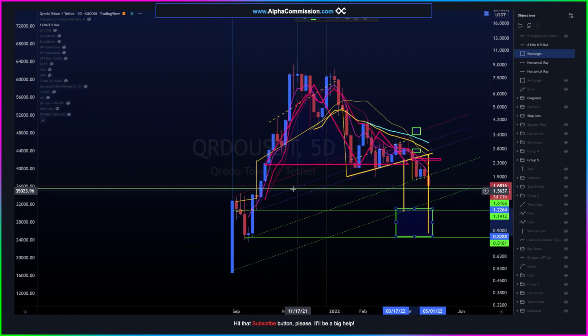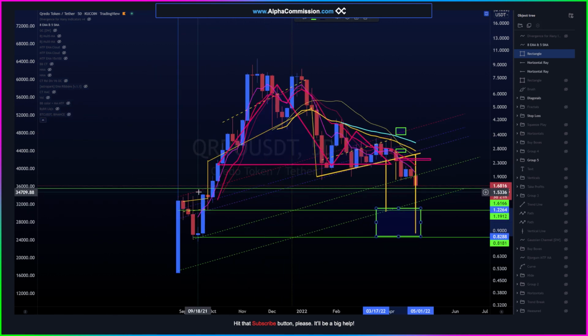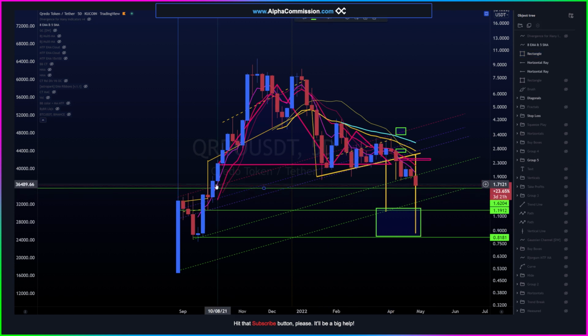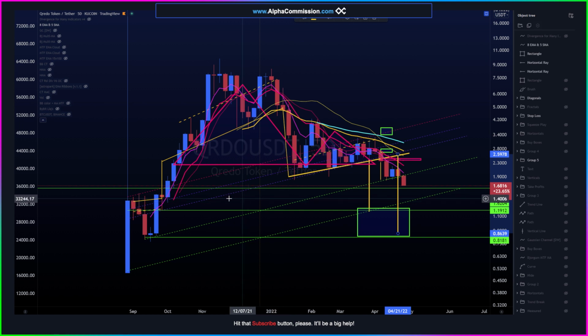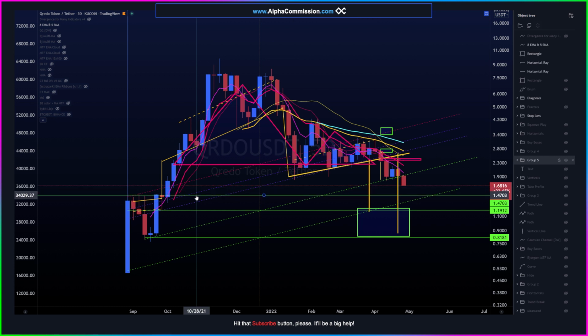Let's see, where is this support coming from? Why do I have this one? Maybe that wick? Yeah, that doesn't really make sense. Maybe right here. Yeah, $1.50. Probably just accidentally moved it.